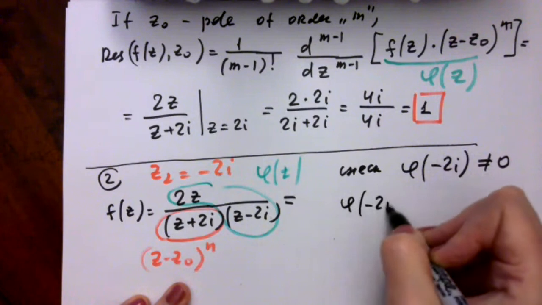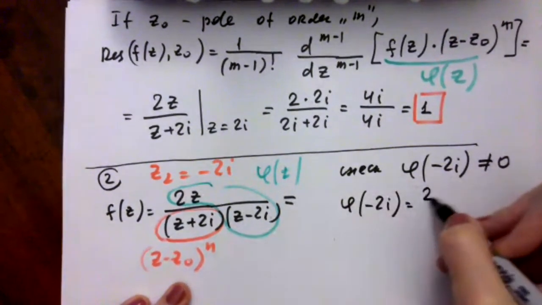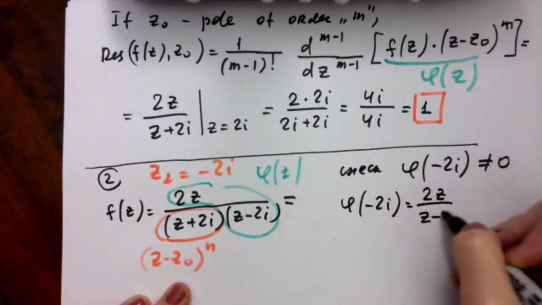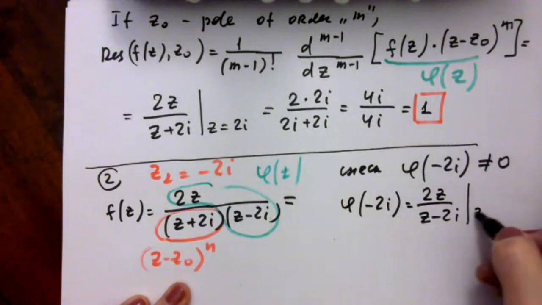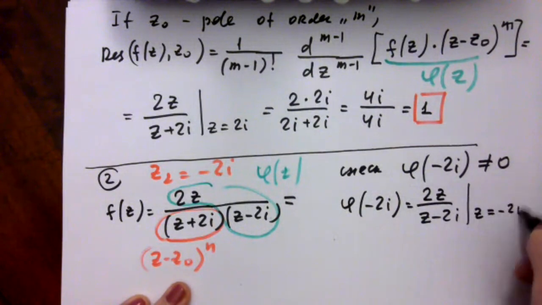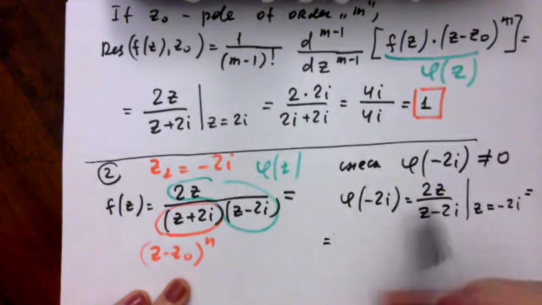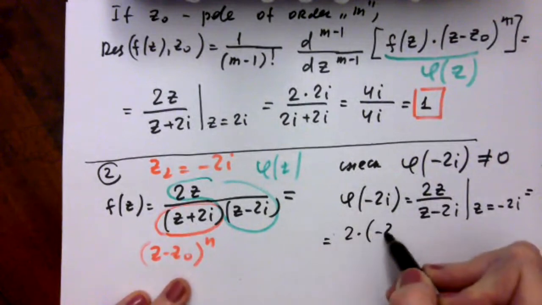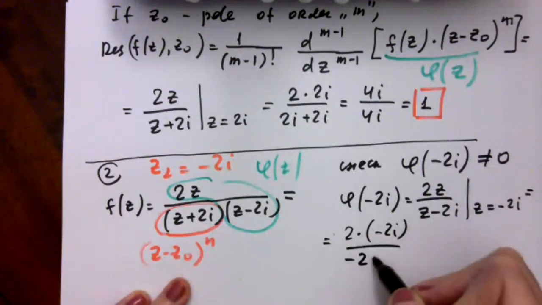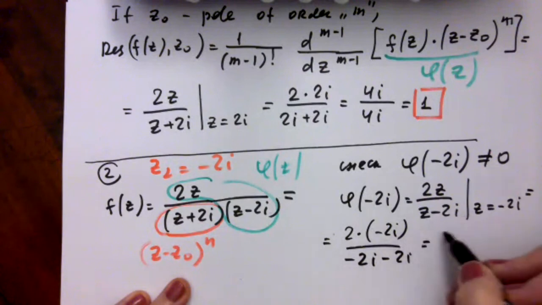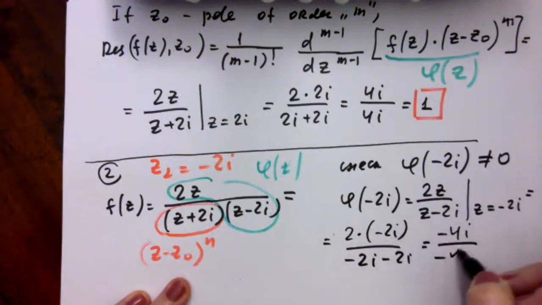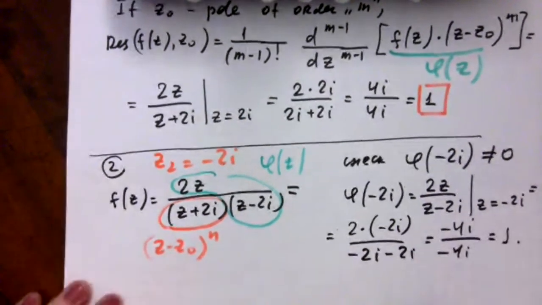Phi here is 2z divided by z minus 2i, and I need to substitute z with minus 2i. What do we have here? 2 times minus 2i over minus 2i minus 2i. This is minus 4i and this is minus 4i. So this is 1 as well.